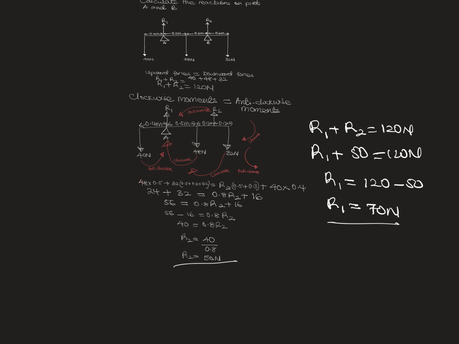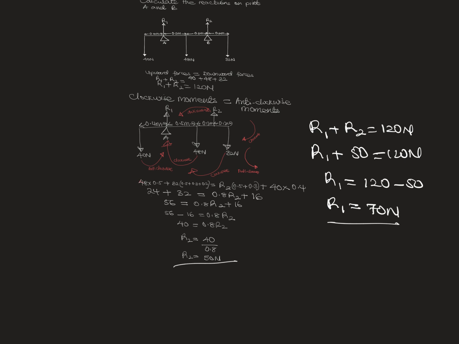Okay, that is important. In the next video, I will try to take moments from pivot B instead of pivot A using the same example, and I guarantee you that we're going to have the same answers again. Like I told you, it's simple.